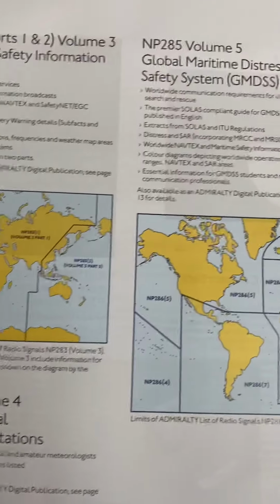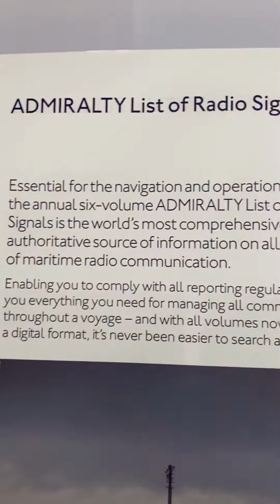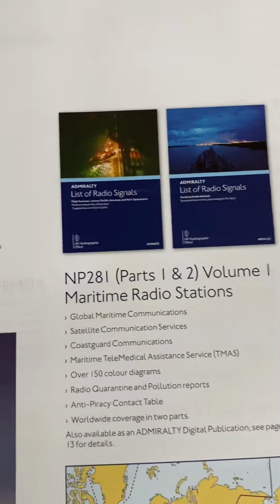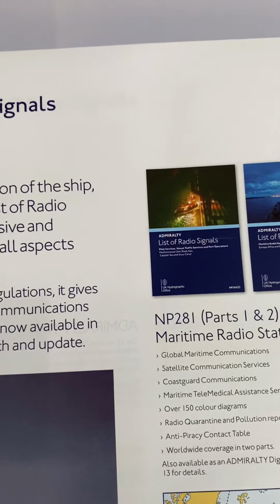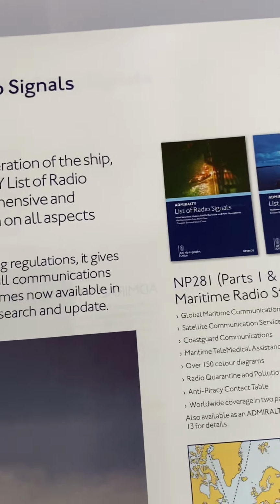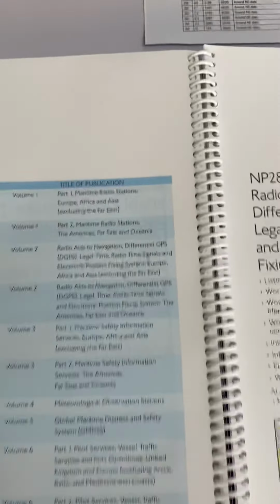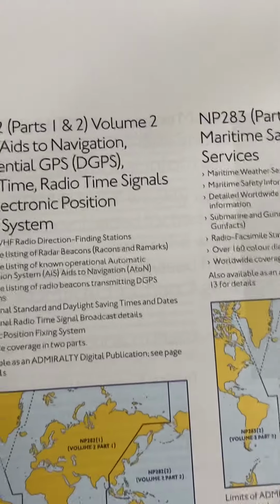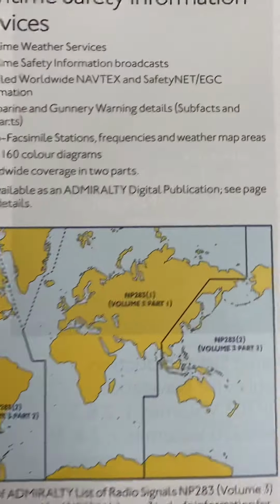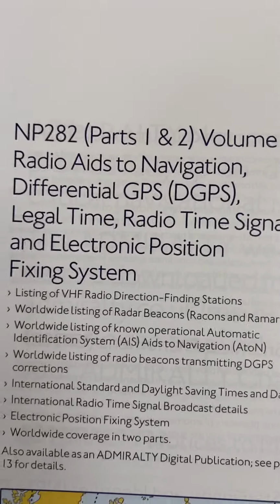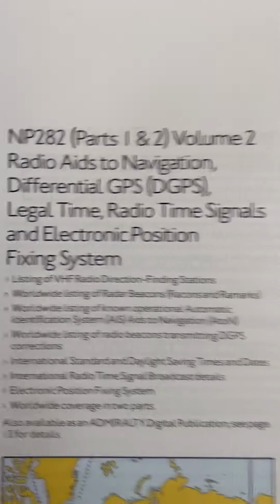Then we have the Admiralty list of radio signals. So what does Admiralty list of radio signals do? It enables you to comply with all the reporting regulation. It gives you everything you need for managing communication throughout the voyage. So you have the NP282, radio navigation.